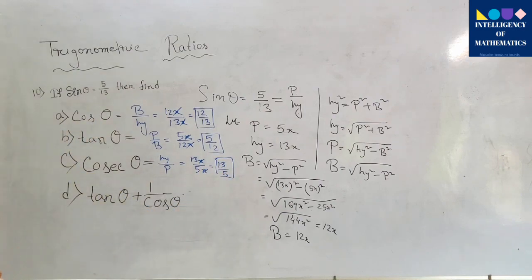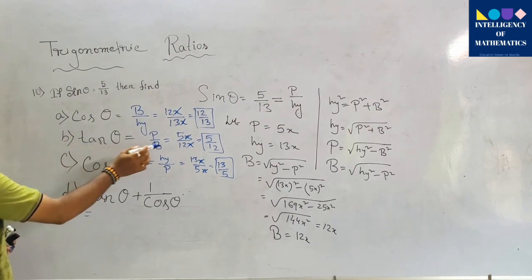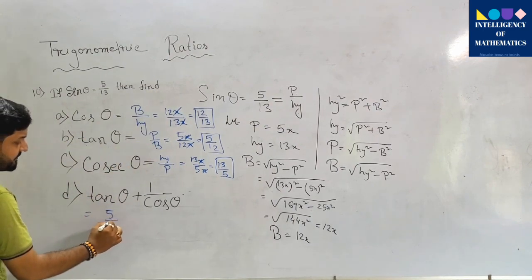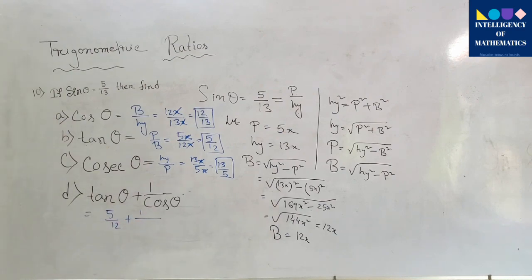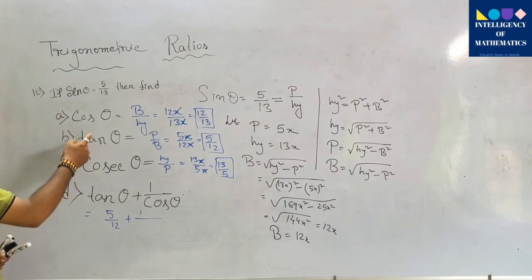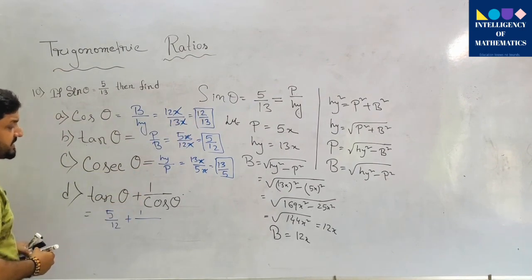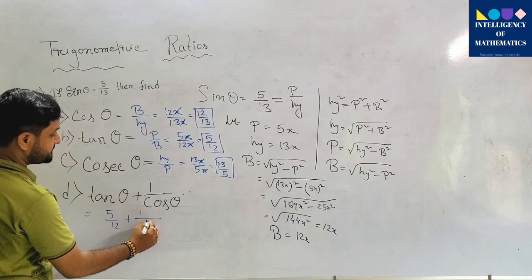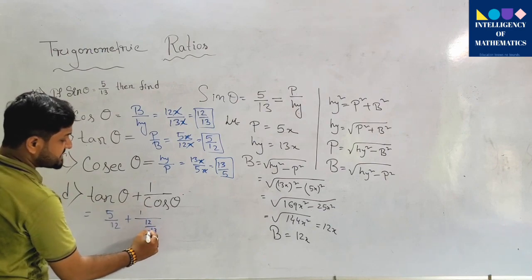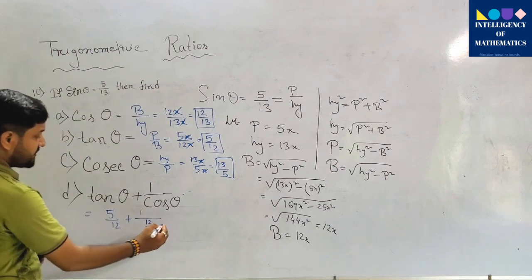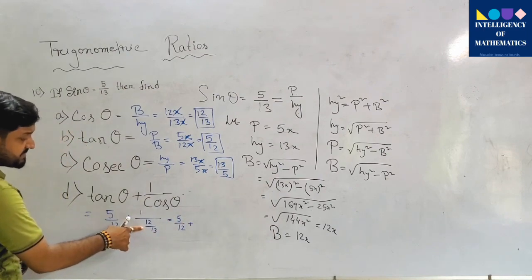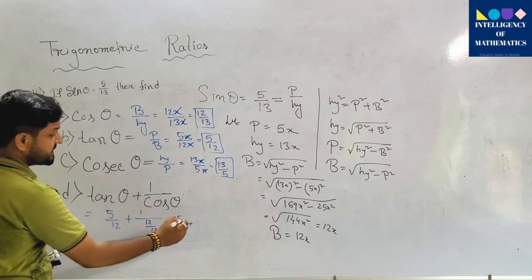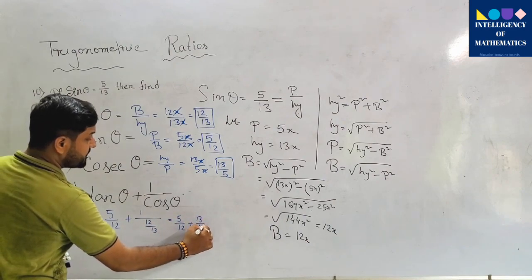Now for tan theta plus 1 upon cos theta: tan theta's value is already taken out, 5 by 12, plus 1 upon cos theta. Cos theta's value is also found, 12 by 13. So we write it like this. In the next line, we get 5 by 12 and here the reciprocal takes place, so 12 by 13 becomes 13 by 12.